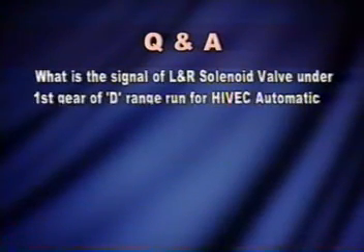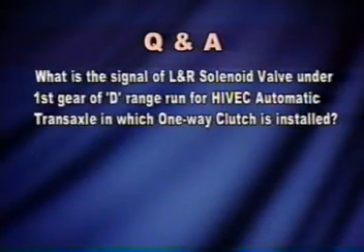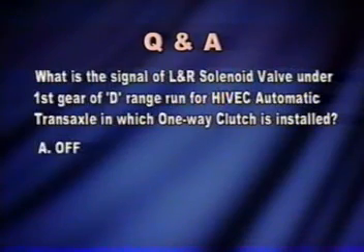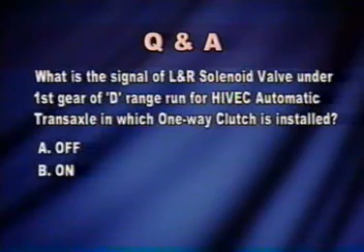What is the signal of low and reverse solenoid valve under first gear of D-range run for Hivec automatic transaxle, in which one-way clutch is installed? A, off. B, on.